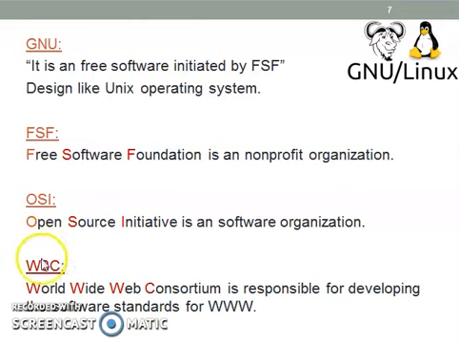Next is W3C. W3C stands for World Wide Web Consortium. It is responsible for developing software standards for the WWW. Means the World Wide Web Consortium is responsible for constructing the rules and regulations for the World Wide Web.